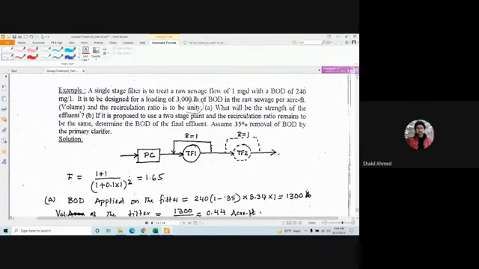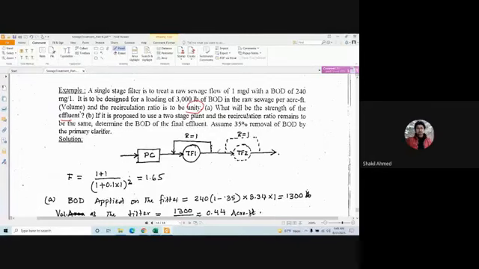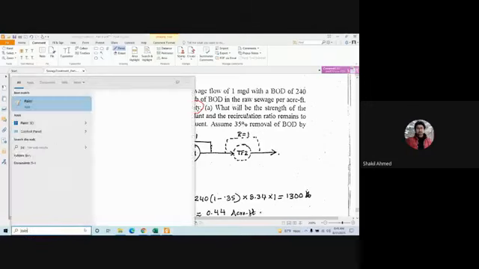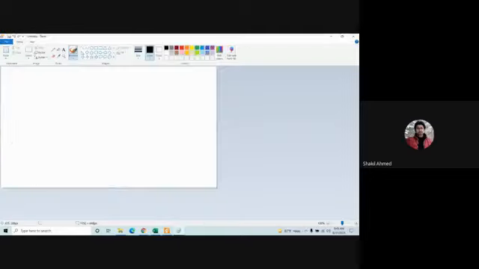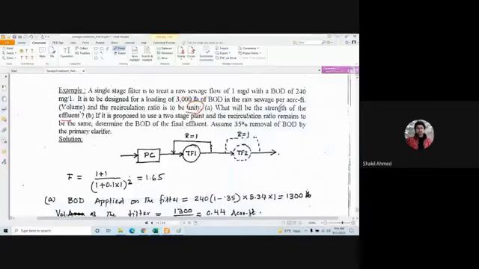Unity means 1. Look, initially, there is only one filter. We don't have this initially.